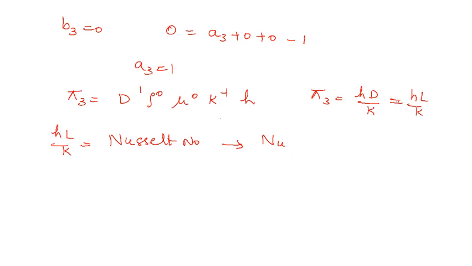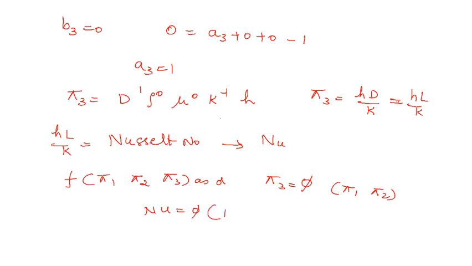So pi 3 is a function of pi 1 and pi 2. Therefore, the Nusselt number is a function of the Prandtl number and the Rayleigh number.